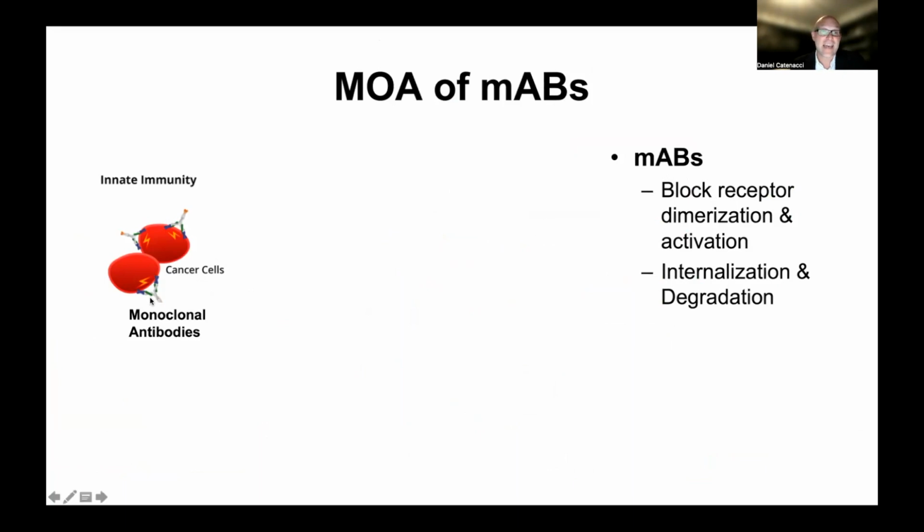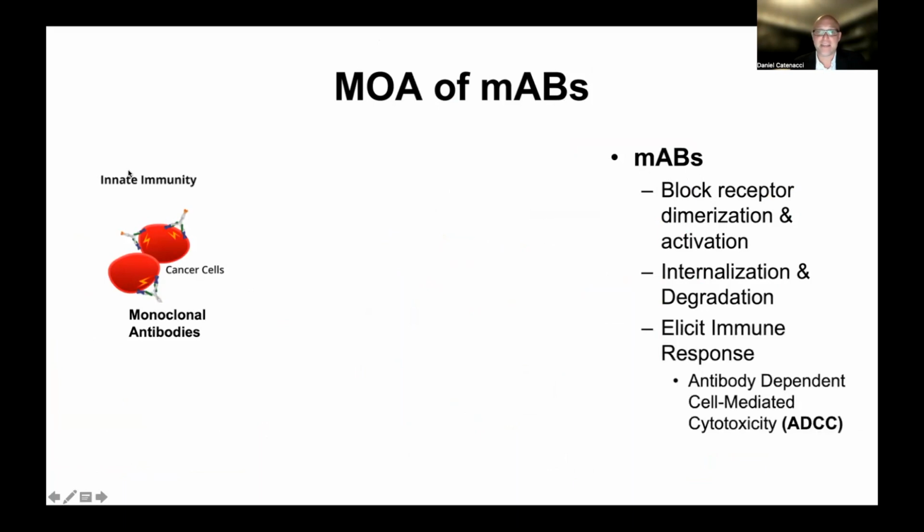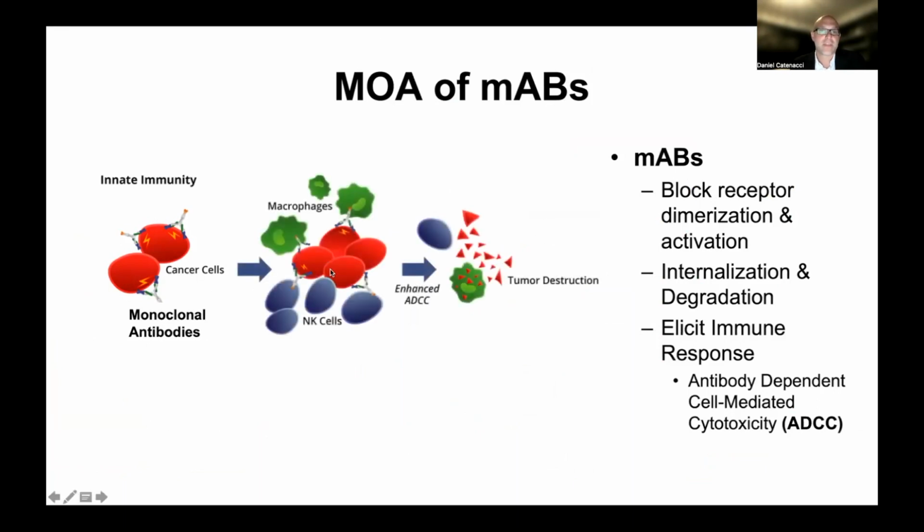But in addition to that, as it's binding on the outside, it can activate the innate immunity by eliciting an immune response called ADCC, or antibody-dependent cell-mediated cytotoxicity, where the back end of the antibody binds to NK cells, natural killer cells, and that leads to destruction of the tumor through this immune effect.